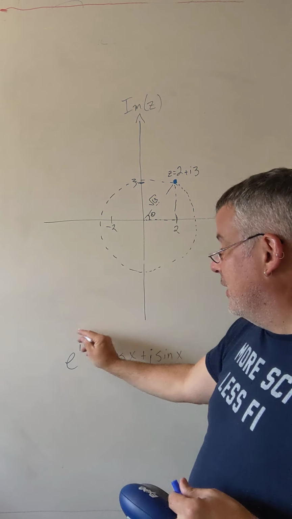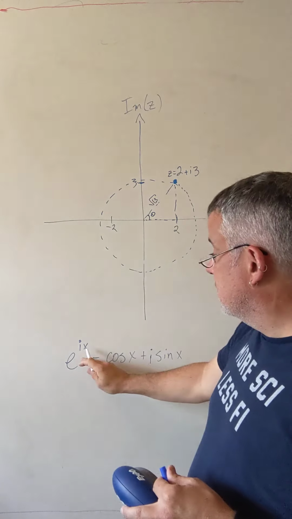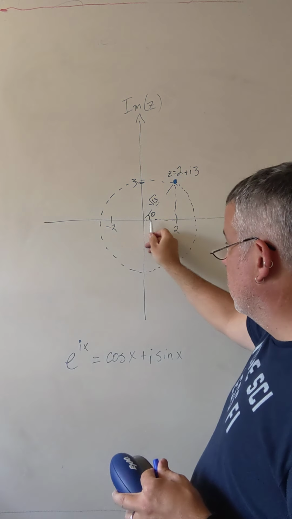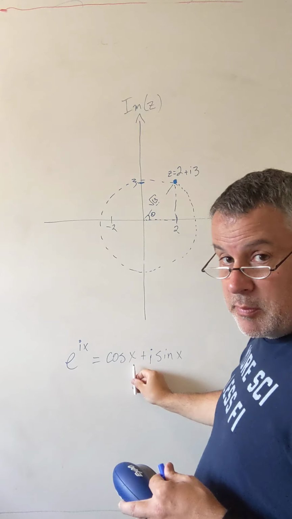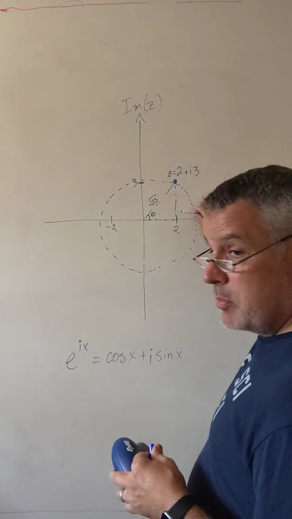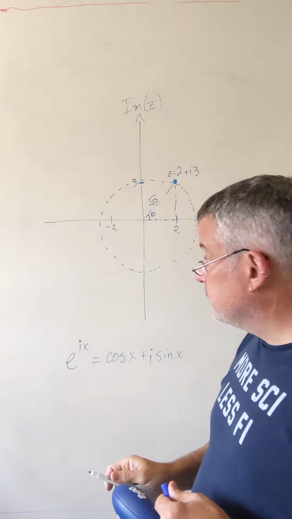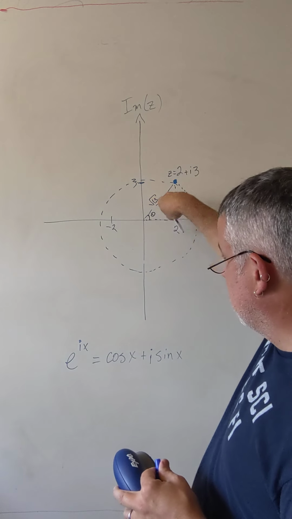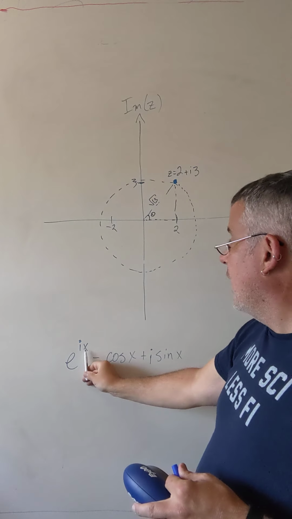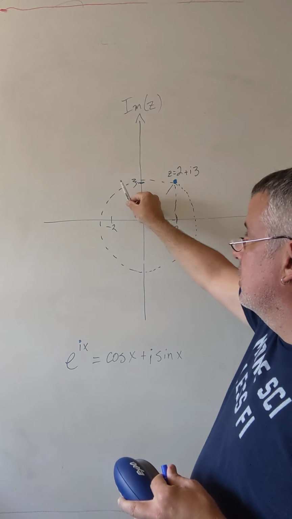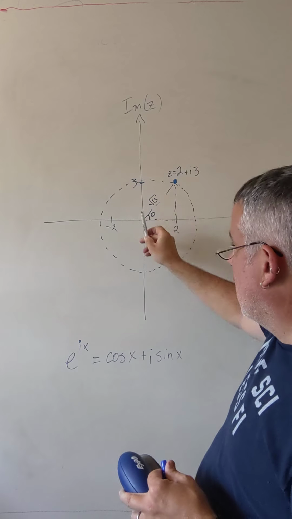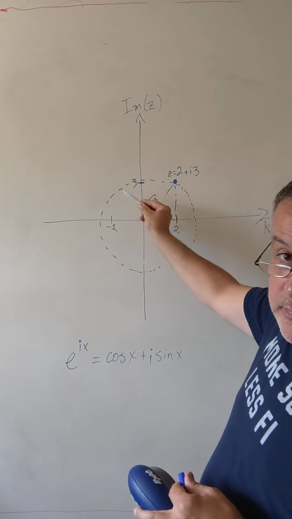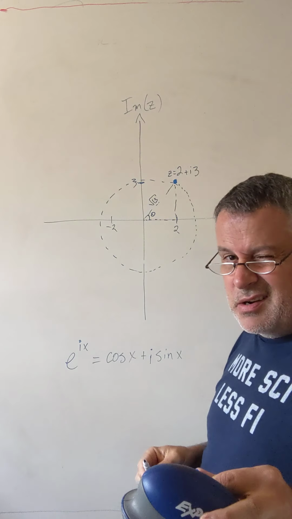E to the i theta, this thing is giving us a relationship where its real part is the cosine part, its imaginary part is the sine part, and as I change that theta going around and around, e to the i theta would be giving me the location of an angle going around this interface.